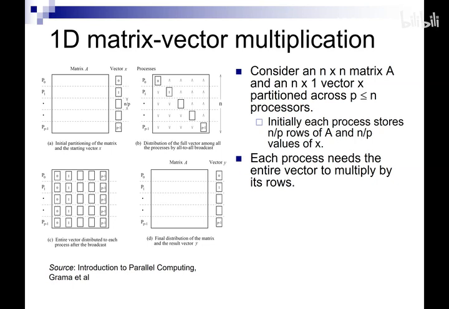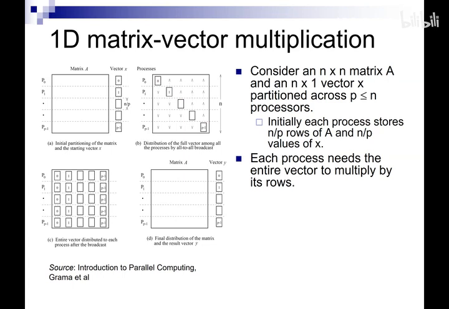For example, P0 has this little part of x, so P0 broadcasts his part to all of the other processors. P1 is also going to broadcast his part of x to all the other processors. Every process takes its part of the vector x and broadcasts it to the other processes, so we're going to do an all-to-all broadcast.